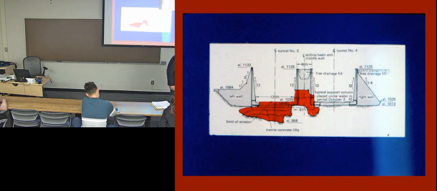They eroded deeper down to bedrock in this region, and underneath the peninsula that separated tunnels 3 and 4. All of that had to be refilled, repaired. And here's what the peninsula between looked like, and all the material eroded out. Fortunately, part of it was supported on piles, which remained in place.